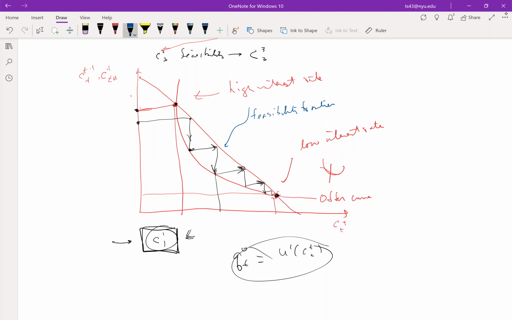And we have this offer curve for an agent who has initial endowment, let's say Y when young and Y when old. And we're going to have a structure where endowments and preferences are the same over young consumption and old consumption for each generation.